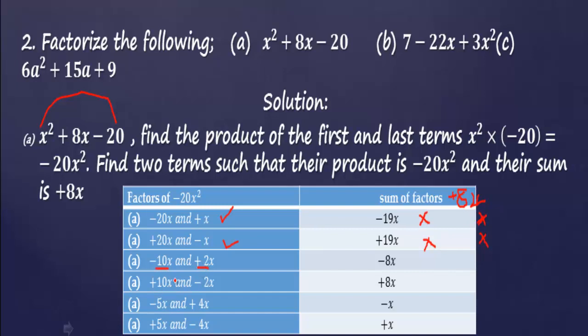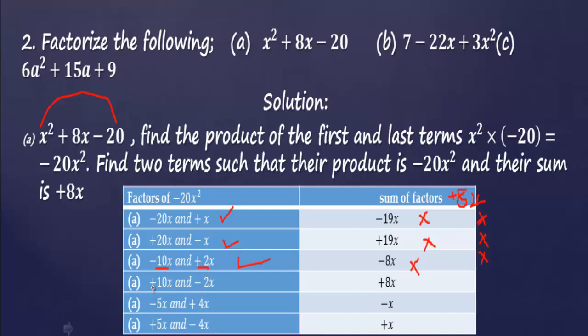Minus 10x times plus 2x is going to be minus 20x squared, which is correct. By the time you add them together, you are going to get minus 8x. Minus 8x is incorrect because we are looking for plus 8x. That means we can't pick this one as the factor.